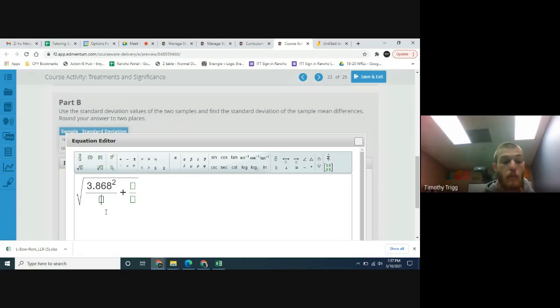The sample size from the red box was 45. Similarly, for the blue box, 2.933 was the sample standard deviation. That gets squared from the formula, over the sample size, which was 60. Let's go ahead and start this calculation here. It's going to be the square root, and I'm going to put this in the calculator. So 3.868 squared divided by 45.